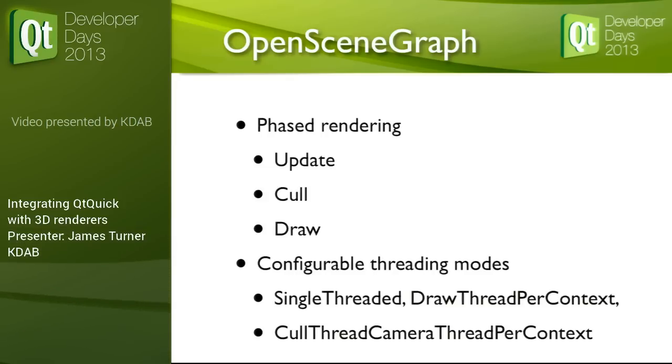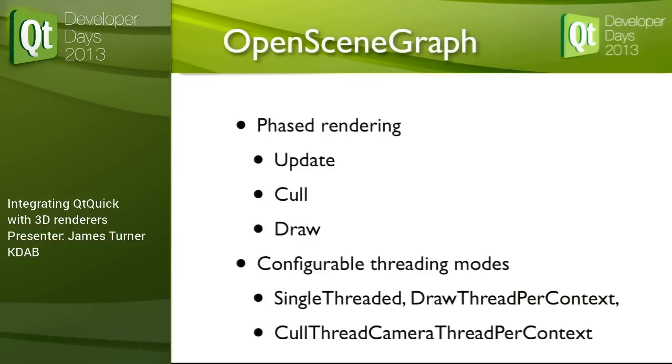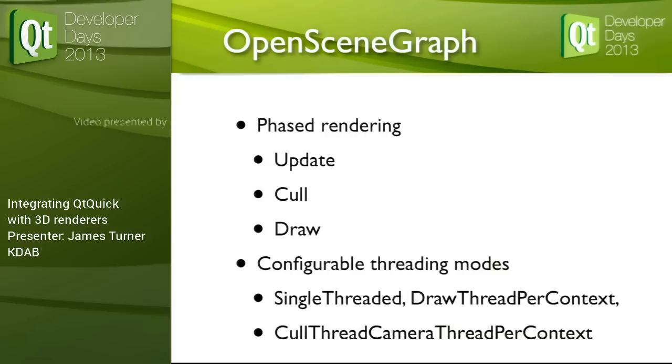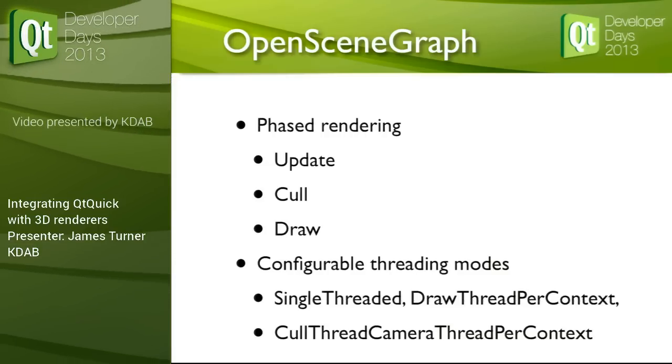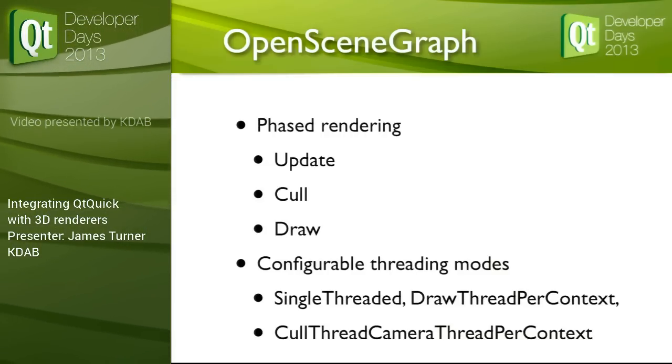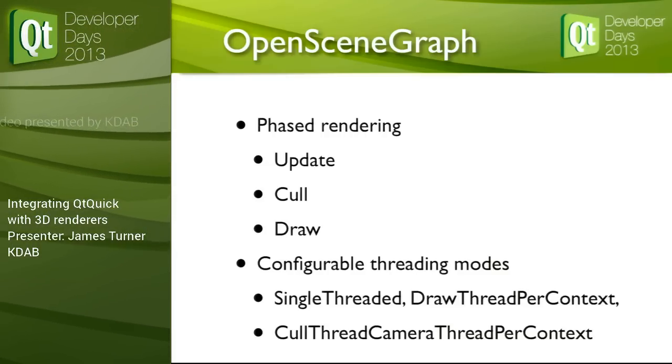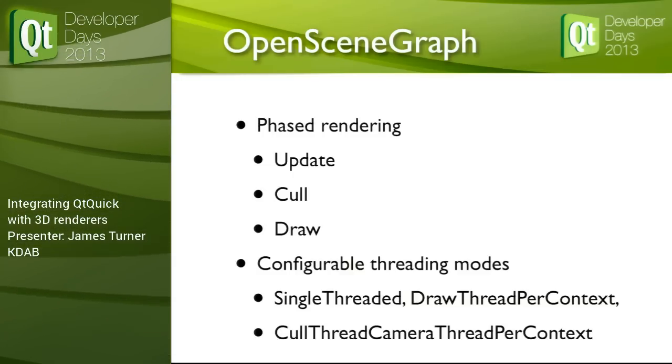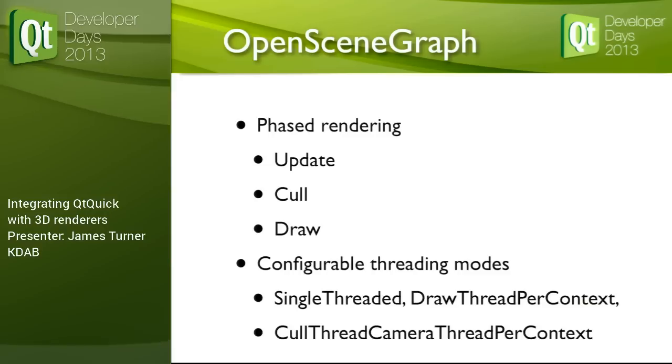And there are actually about 10 threading modes, like a thread for each camera's culling, and then a single thread for drawing. So you might have 5 cull threads if you've got 5 cameras in the scene, and then 1 more thread for doing the actual drawing. And these are picked at runtime, based on platform and number of cores and so forth. So you can't say when you configure your OpenSceneGraph thing that it's going to be single-threaded, or you could force it if you really had to, but normally it's picking one of these.